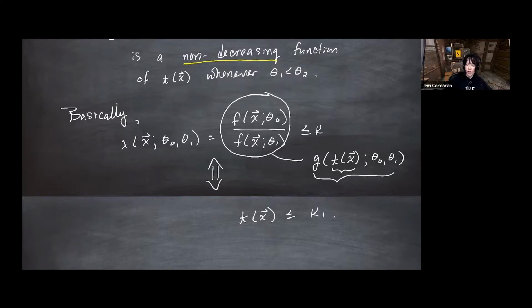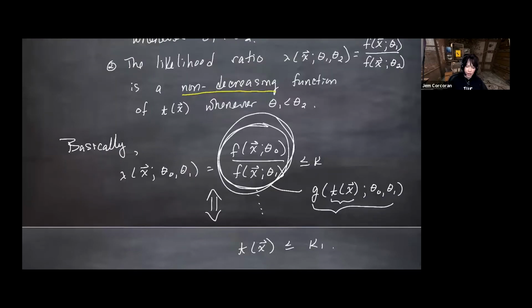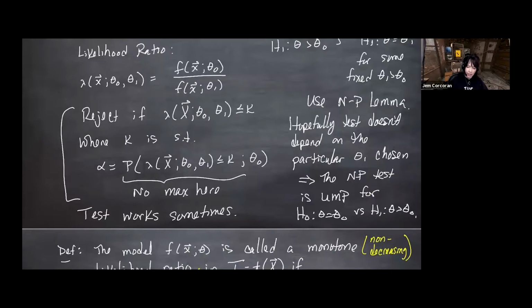You start your hypothesis test by writing something like this down, and then you solve for the X's, and that becomes a statistic, say the sum of the X's. And assuming this ratio was monotone non-decreasing in a statistic, then that circle being less than or equal to K is equivalent to the statistic being less than or equal to some other K. Okay, so in problem 2 in the homework, you're given a test and you want to prove that it is uniformly most powerful for this composite versus composite.